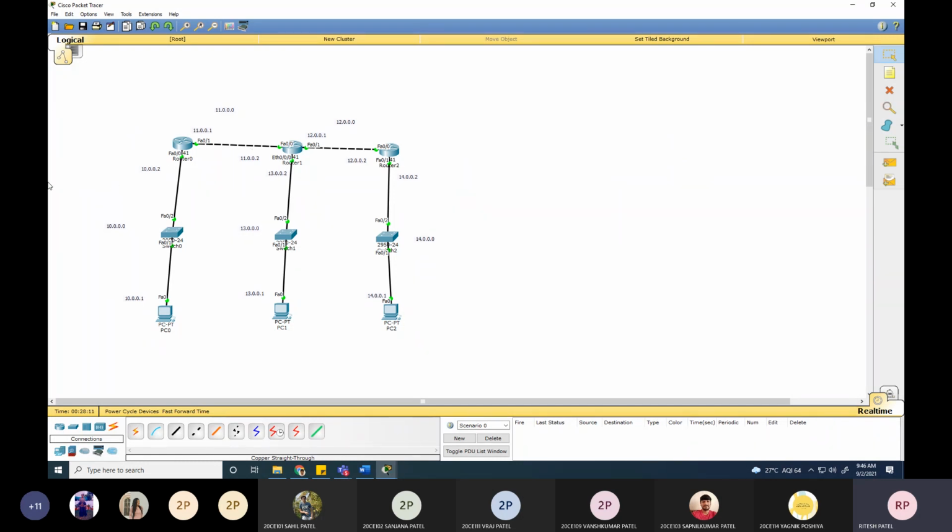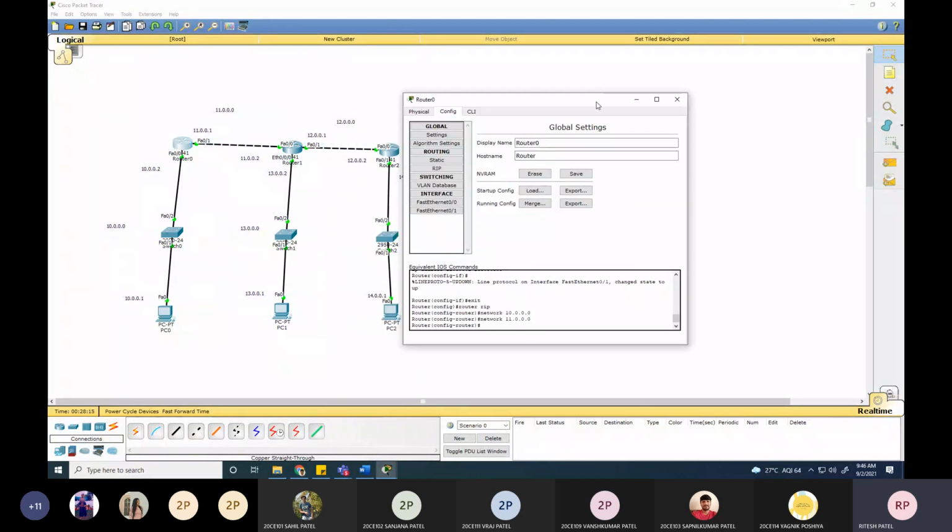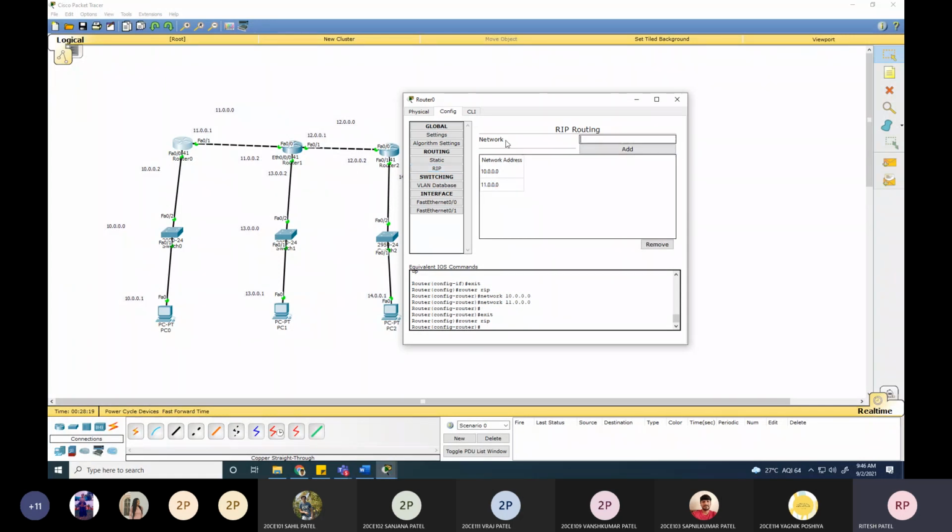Once again I repeat, how to configure a dynamic routing protocol? Click on the router, go to routing, then go to RIP and add the networks which are directly connected. In this case 10 and 11 are connected directly to router 0. So add the network, do not add an IP address over here, add the network.